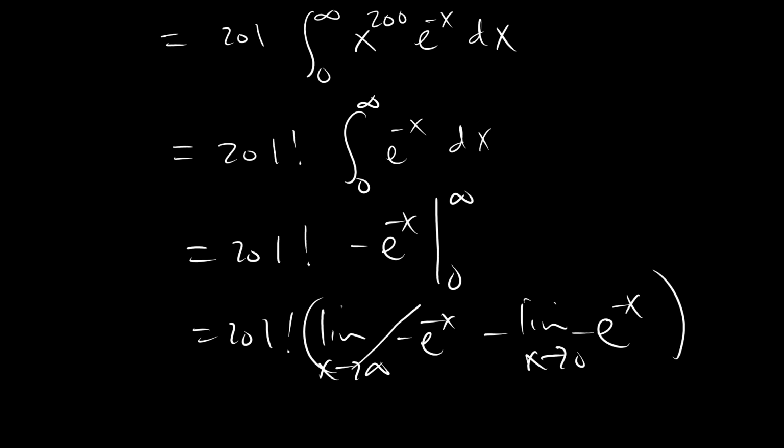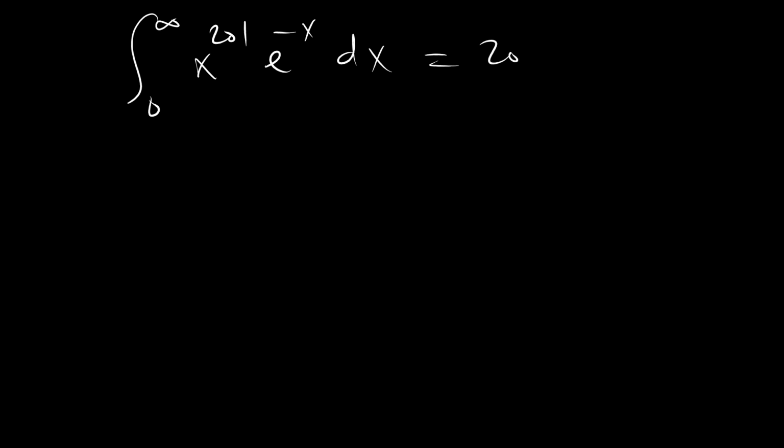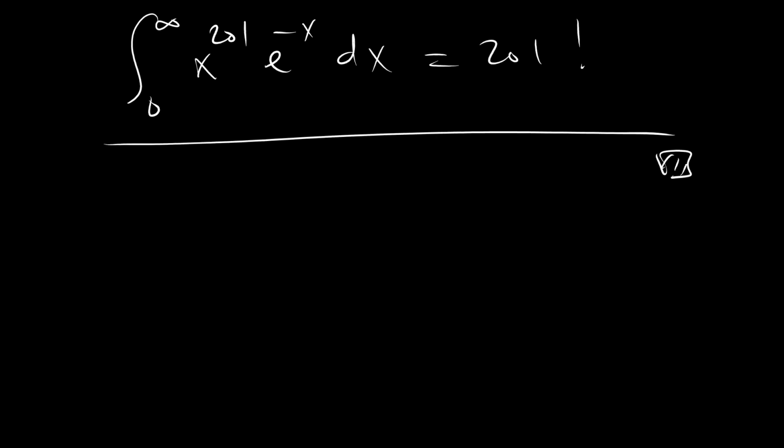This goes to 0, as we know, and this goes to negative 1. And so minus minus 1 becomes 1, so our answer is 201 factorial. And so our integral from 0 to infinity of x to the 201 e to the negative x equals 201 factorial. And that is the answer.